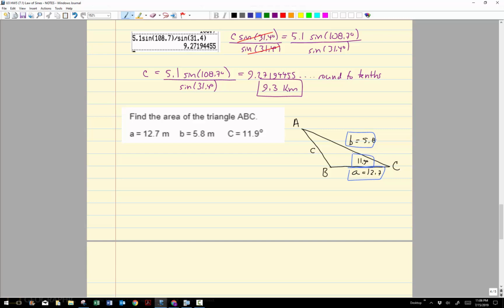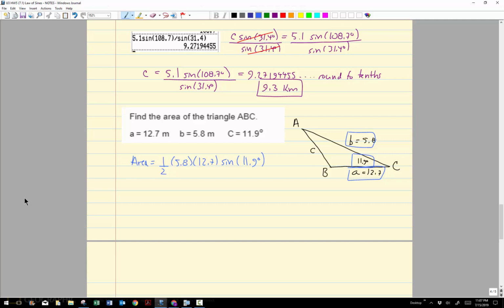But what we have here is finding the area given two sides and the enclosed or included angle. So area equals 1/2 5.8 times 12.7 times the sine of the included angle, which is 11.9 degrees.